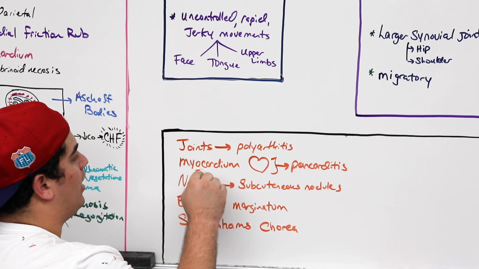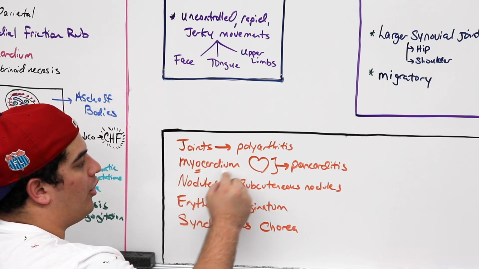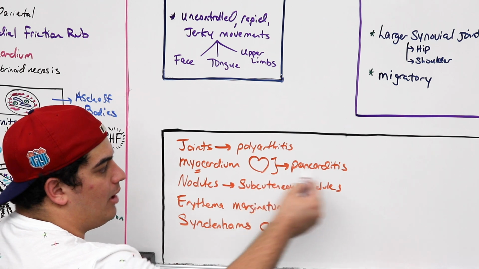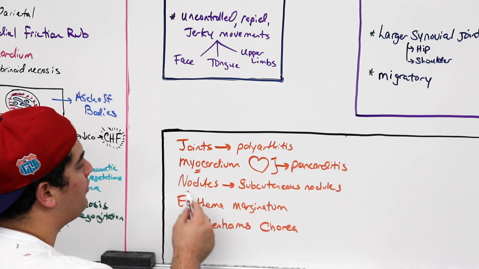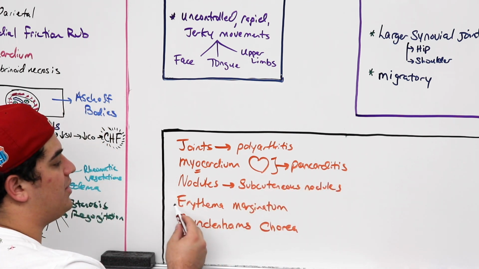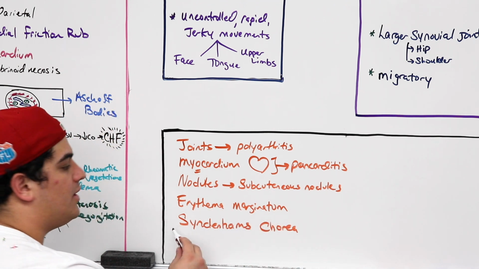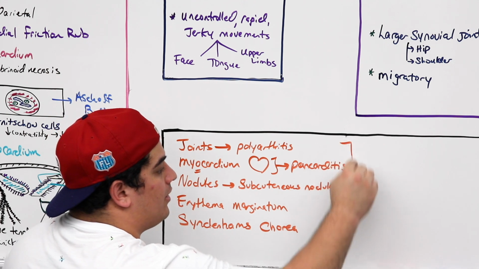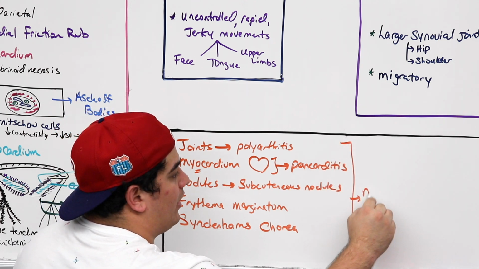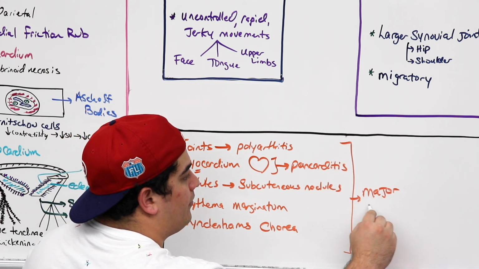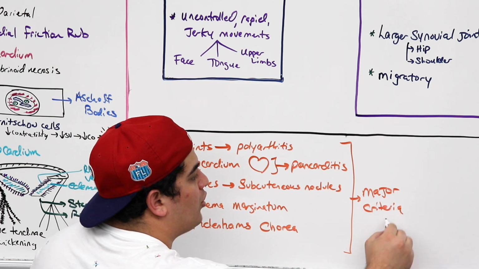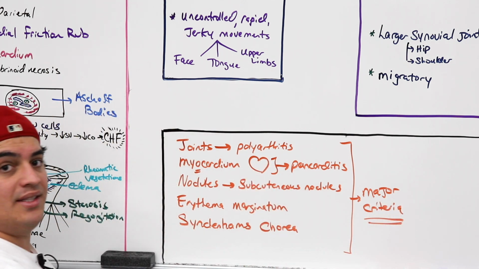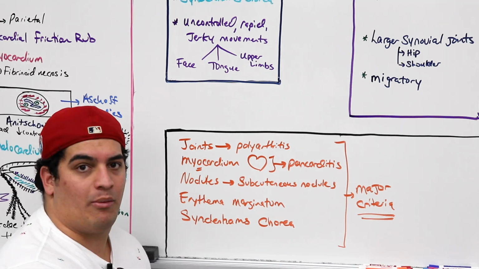Okay? So the Jones joints, O for myocardium, kind of looks like a heart if you make a little dimple. Pancarditis. Nodules for subcutaneous nodules. E for erythema marginatum. S for Sydenham's chorea. All of these are our major criteria. So all we would need is two of these, and we could diagnose rheumatic fever.